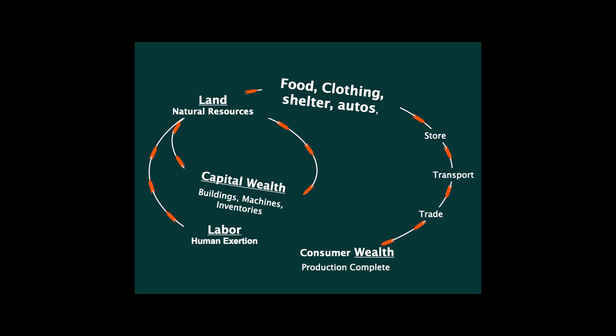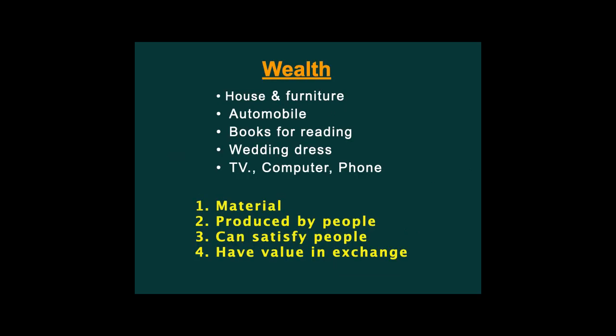Now we've got a list of things here. And we need a term that would include all of these things. So let's see what characteristics these things have in common. House and furniture, automobile, books for reading, wedding dress, TV, computer, phone. Are all of these things material? Yes.